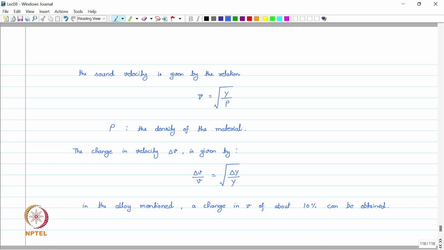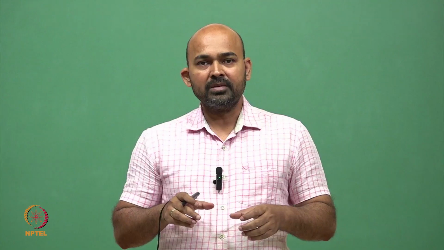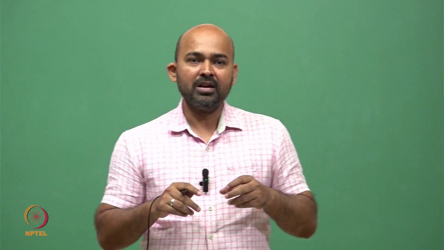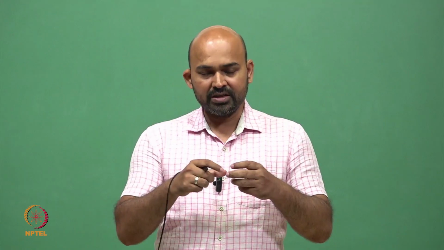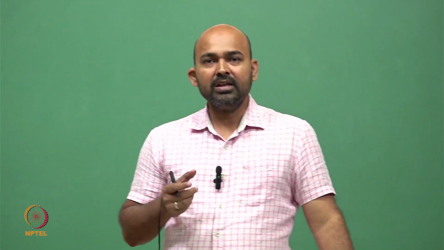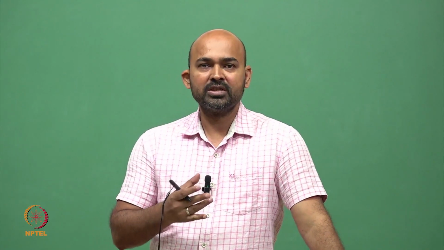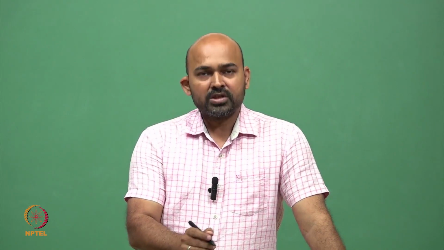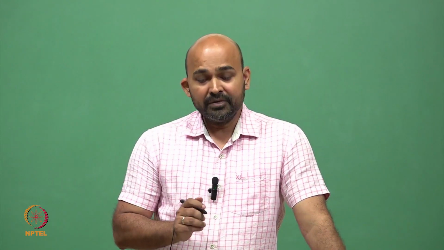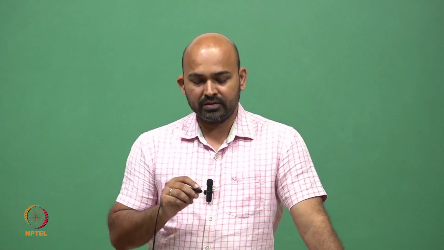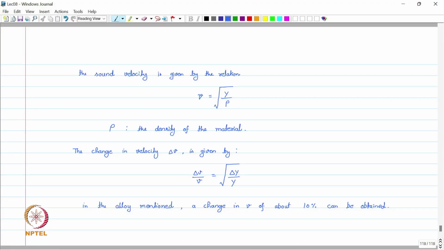So here we see a delay line sensor where we use the magnetic material as a substrate. When we apply the magnetic field, there is a change in the length of this magnetic material. Accordingly, there is a change in the Young's modulus, which is the property of the material, and the sound velocity, or the velocity of mechanical waves, is given by V equal to under root Y upon rho.